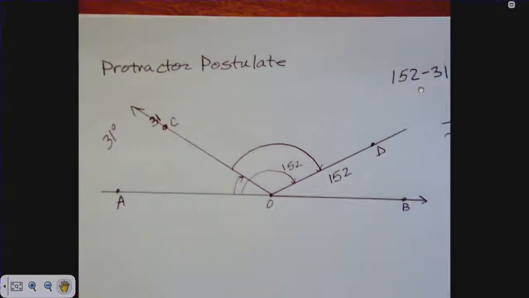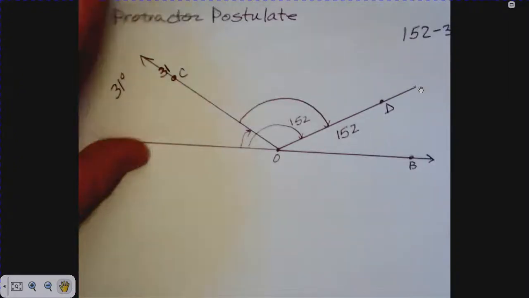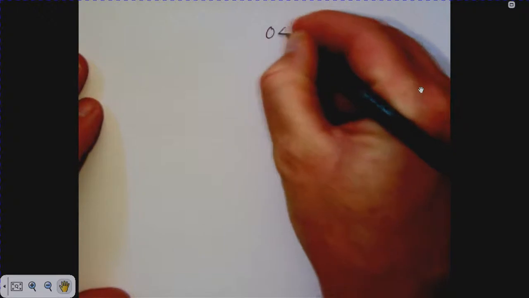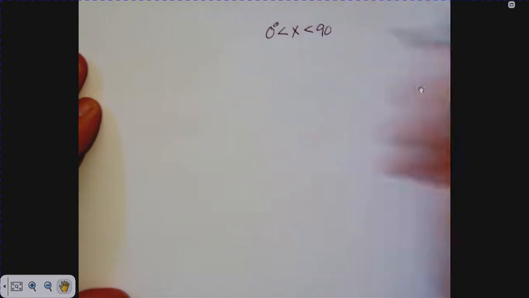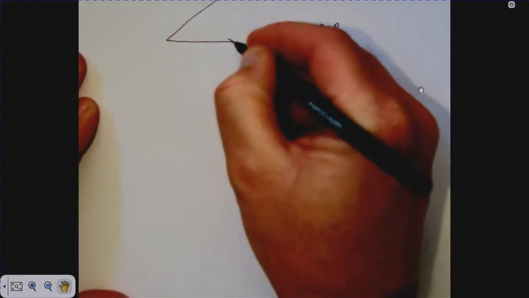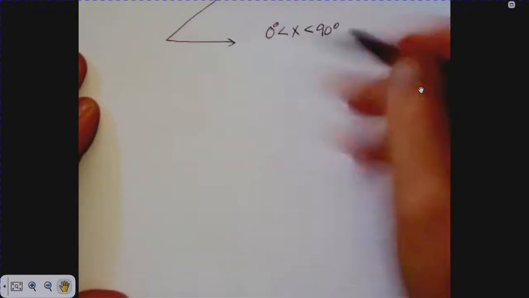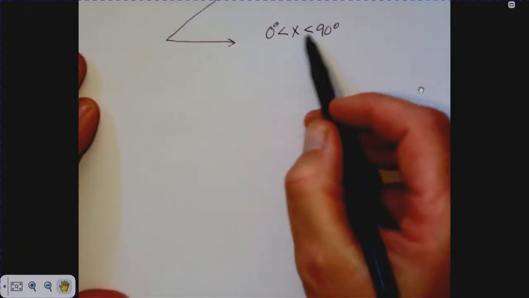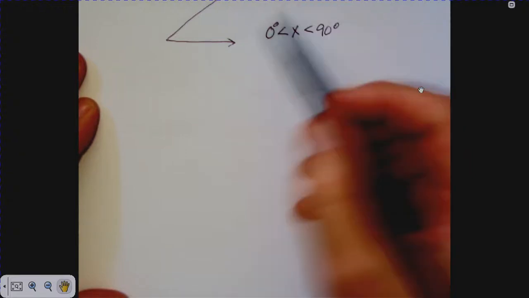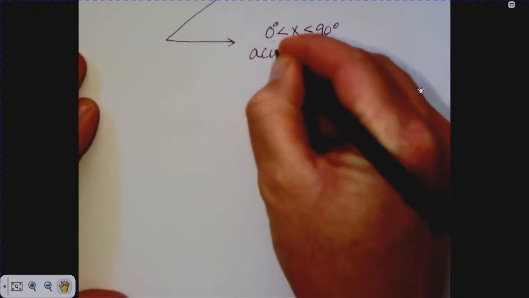Now, you can see in your book the way they state it there, but basically that's the idea of the protractor postulate. Now, some other things that you've had before, we can classify angles. If we have an angle that is between 0 and 90 degrees, and I'm just going to sketch it here, an angle like this, so 0 is less than x is less than 90 degrees, we call that an acute angle.